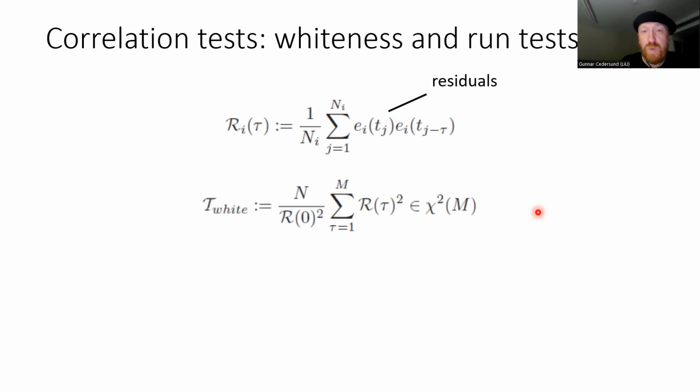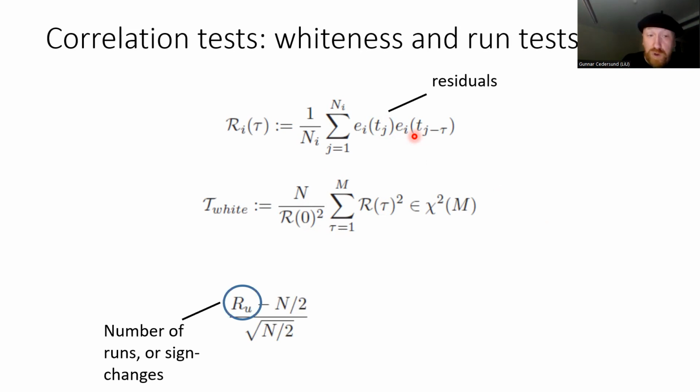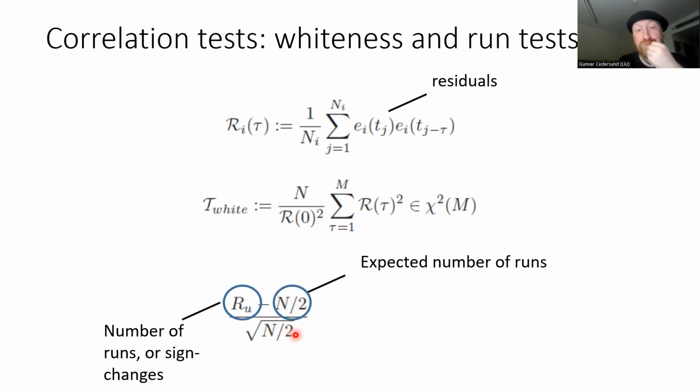And if we take a whiteness test, we are simply looking at the correlations of these residuals. You can also do a run test where you have the number of sign changes, and then you compensate, where here this is the number of data points. So if you have truly independent residuals, you would have this many runs, so this many sign changes.